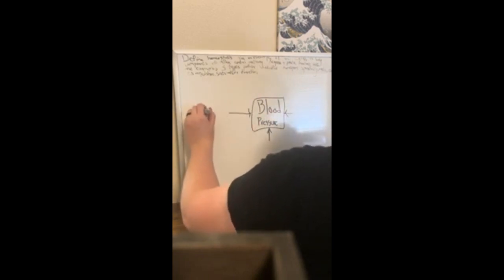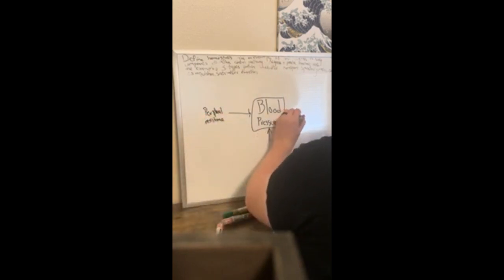One is peripheral resistance. I definitely spelled that wrong. Another one is heart rate. Another one is blood volume.